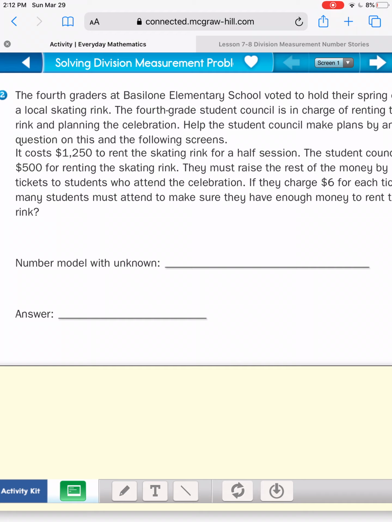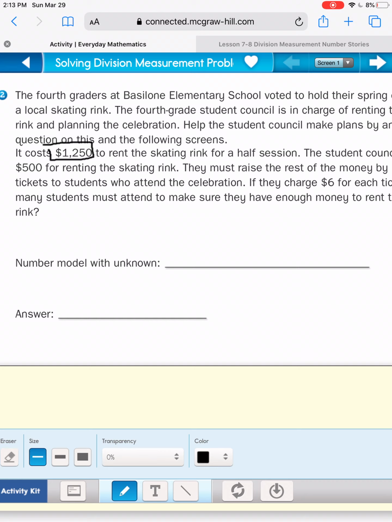So let's think, boys and girls, what do we know from this problem? Well, we know that the total is $1,250 to rent the skating rink. And we also know that they already have $500 to put towards that $1,250.